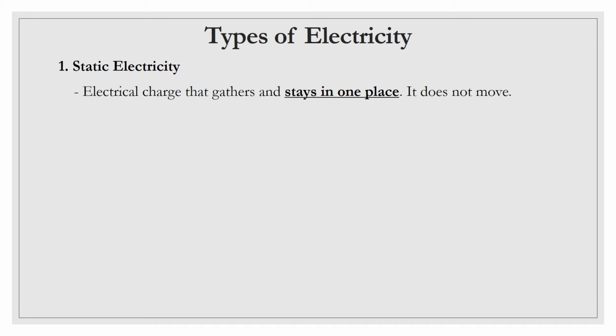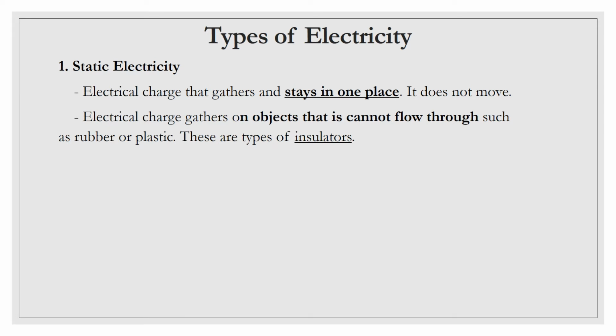It doesn't move. And it gathers on objects that don't allow electricity to flow through them. Okay, things that are bad conductors. We call these insulators. They don't allow electricity to flow through. So for example, on the top of a trampoline, that is plastic. So that's why electricity gathers on the top of a trampoline, because it doesn't let the electricity flow through the plastic.